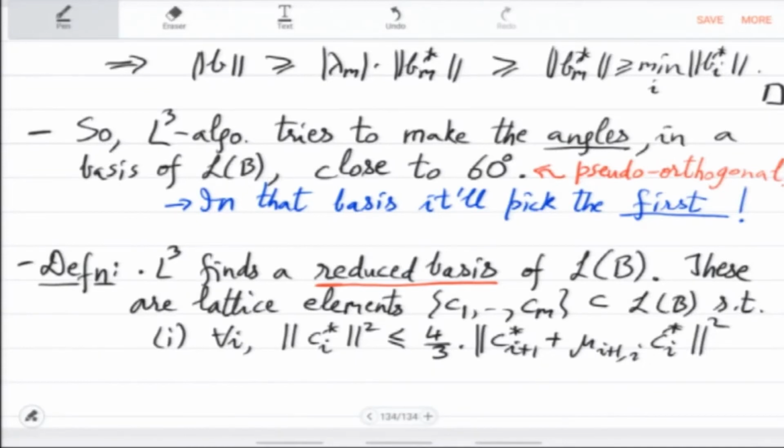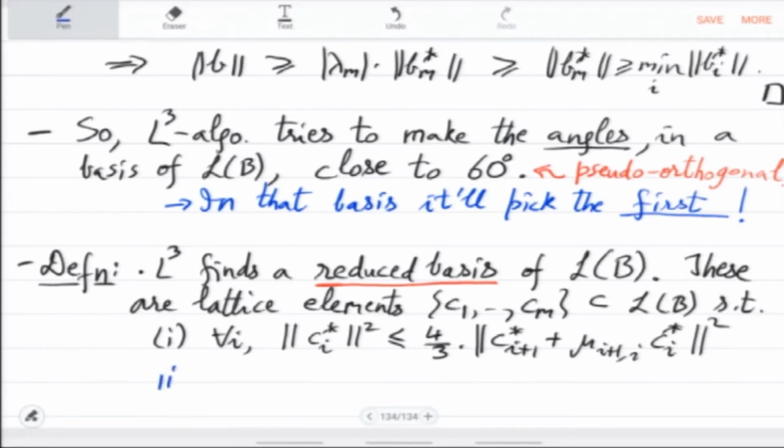Okay, the ratio is kind of 3/4. C2 should be at least, well, square root of 3 by 2 times C1. It is a bit hard to motivate this. You will understand this only in the analysis.